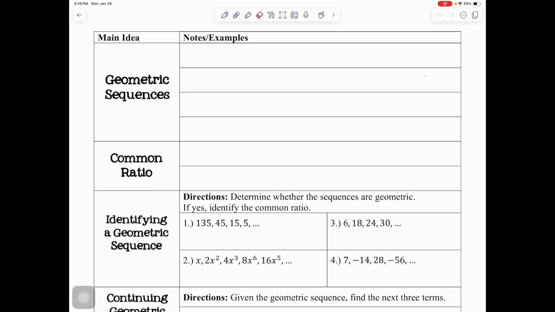Geometric sequences is what we're going to define first. A geometric sequence is a sequence of numbers in which the ratio, which is represented by r, stays constant.